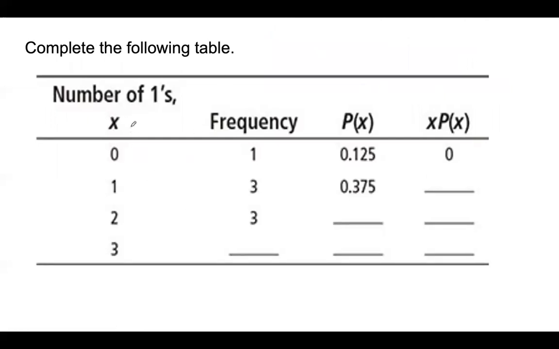So it's possible that you have no ones, 1 one, 2 ones, or 3 ones. The frequency that you would receive none would be 1. The frequency that you would receive 3 would be 1. Now, the other 2 would be 3 and 3.